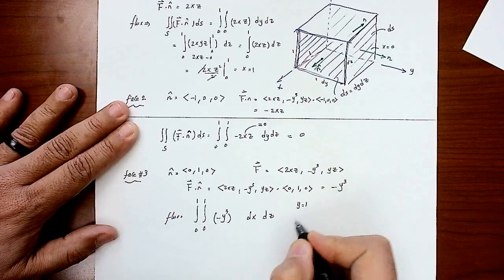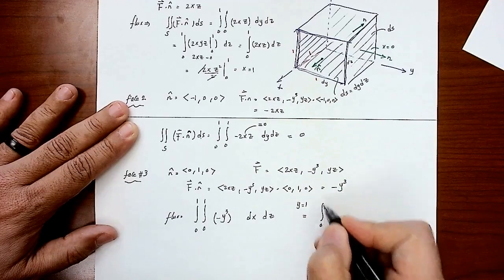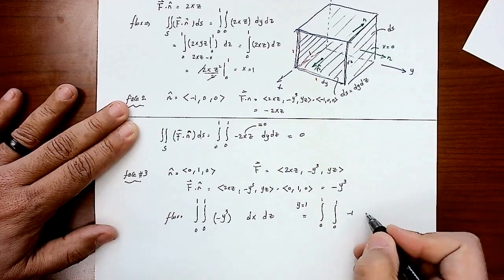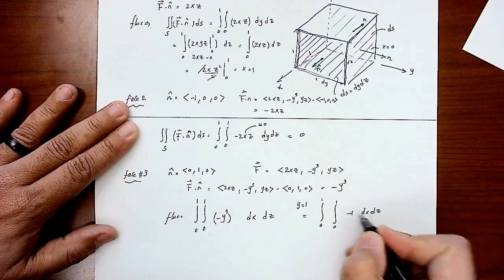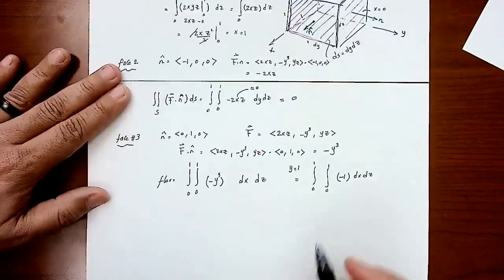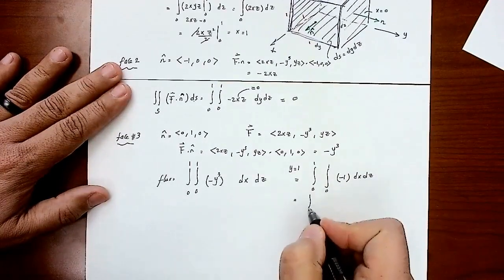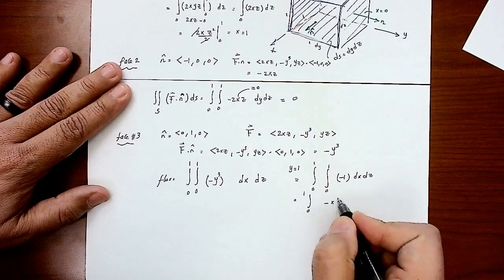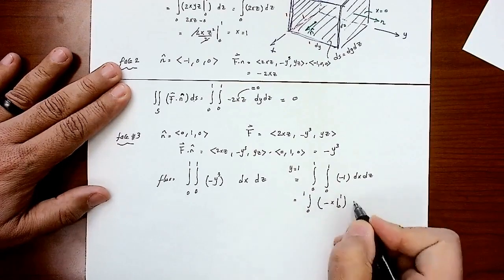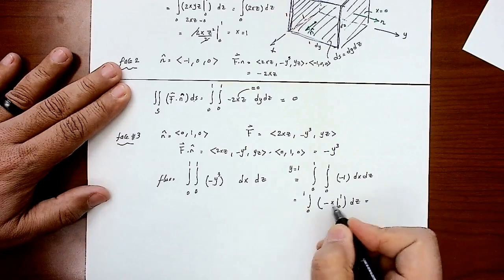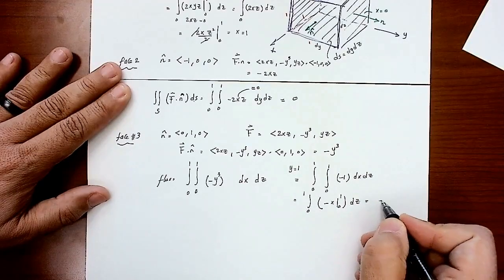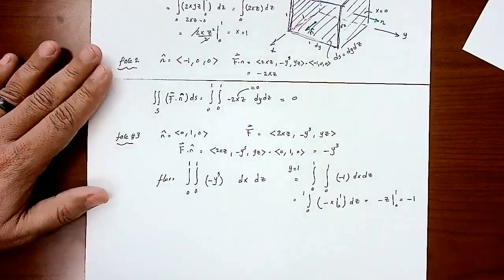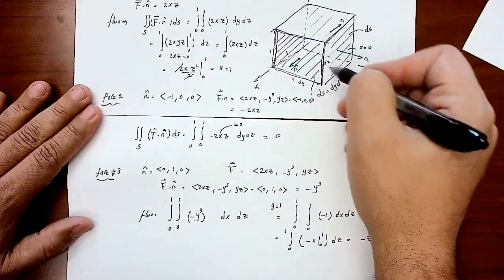So it's as if I'm integrating from 0 to 1, 0 to 1, of minus 1 dx dz. You perform the integration first: integrating minus 1 dx gives minus x from 0 to 1, which gives minus 1. Then you integrate again, giving minus z from 0 to 1, so I get minus 1. So the flux from that face is minus 1.